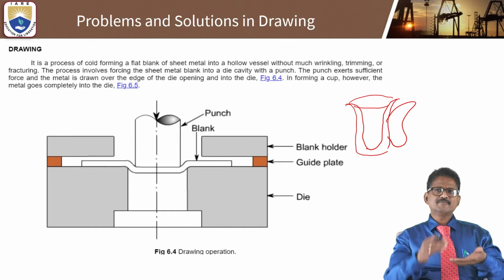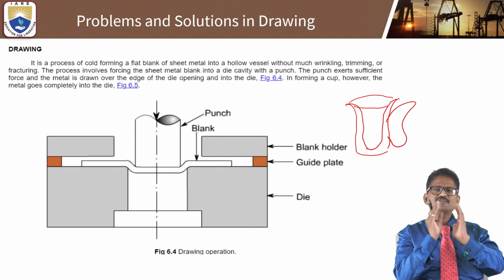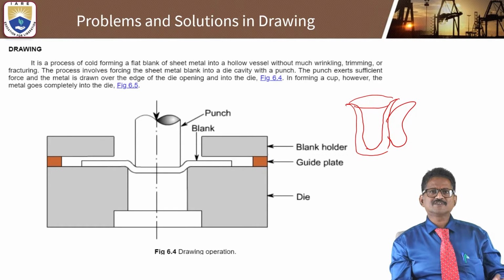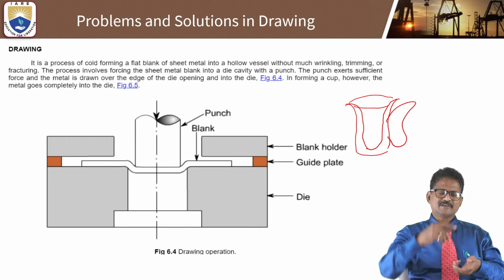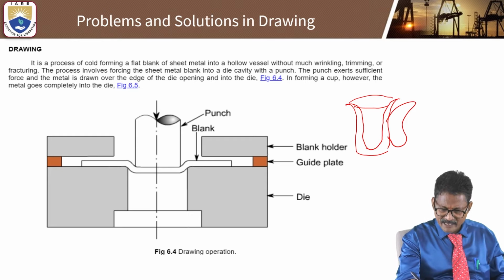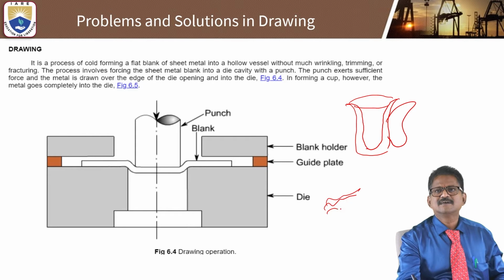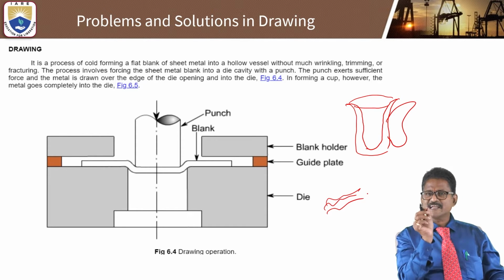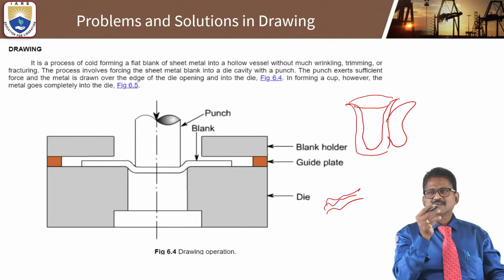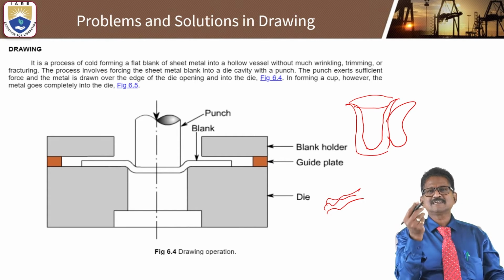Here, while forming the hollow vessel, wrinkling or fracturing can happen when sudden compressive force is applied. Wrinkling means strips can form at the end of the die and punch forces. That extra part can be removed by a trimming process.